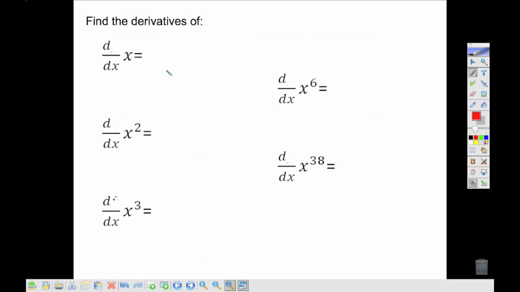So a very important rule that we use pretty frequently. So let's just run through these very quickly. X, we saw that as 1. X squared, bring the 2 in front, subtract the exponent by 1. Bring the 3 out front, subtract the exponent by 1. 6 out front, subtract the exponent by 1. It doesn't matter how big this gets, you still subtract the exponent by 1.